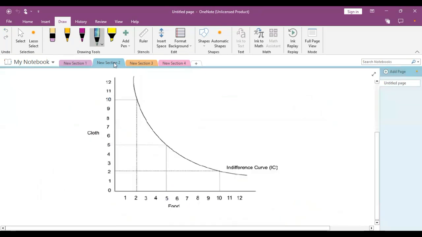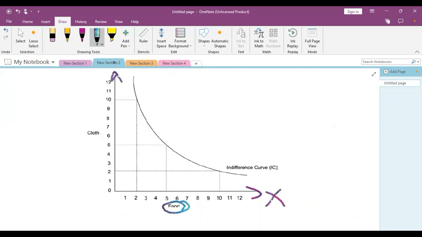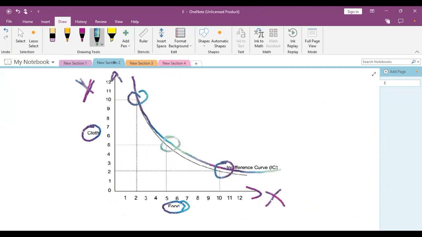Let's make a graph so you can understand it better. Food is taken on the x-axis and cloth is taken on the y-axis. So an IC curve will be generated at which different points have the same level of satisfaction.